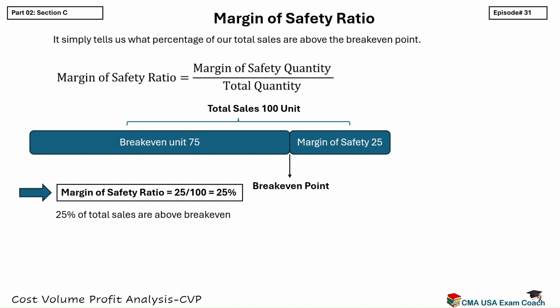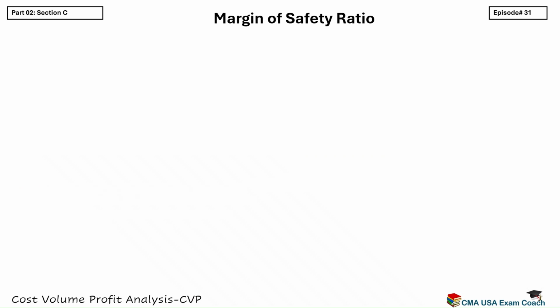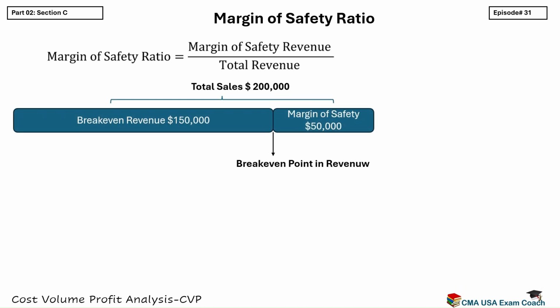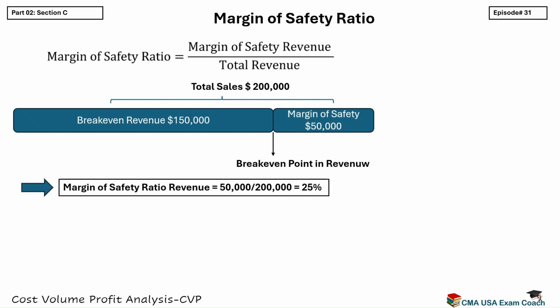That's our safety buffer. Now let's see the second version of the formula based on revenue. Margin of safety ratio equals margin of safety revenue divided by total revenue. In this case, if your total revenue is, let's say, $200,000, and the break-even revenue is $150,000, then margin of safety revenue is $50,000. So 50,000 divided by 200,000 gives 25% again.